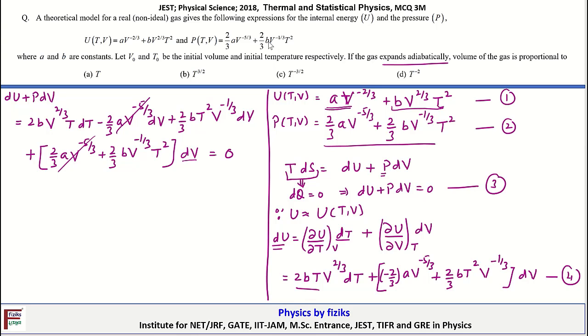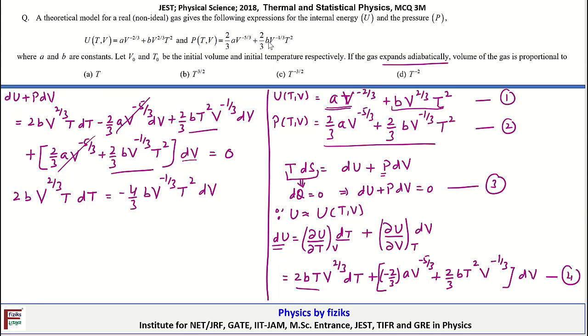Now because this is equal to 0, finally we will obtain 2b v power 2 by 3 t dt, and that is equal to minus 4 by 3 v power minus 1 by 3 t square dv. So we have these two terms, so that's why 4 by 3.